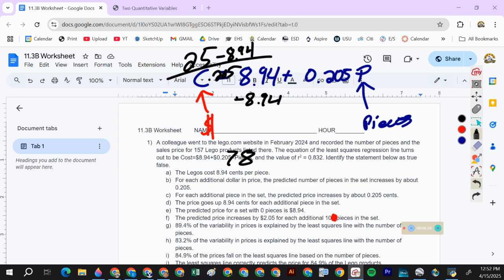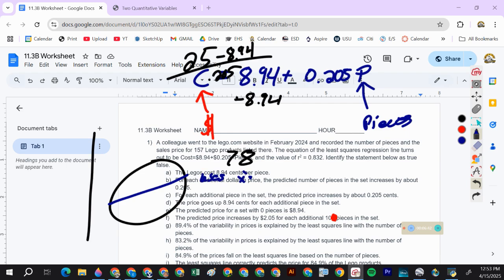Linear regression equations don't work in reverse, right? So if we had our football here, and this was our linear regression line, this line uses x's to predict y's.